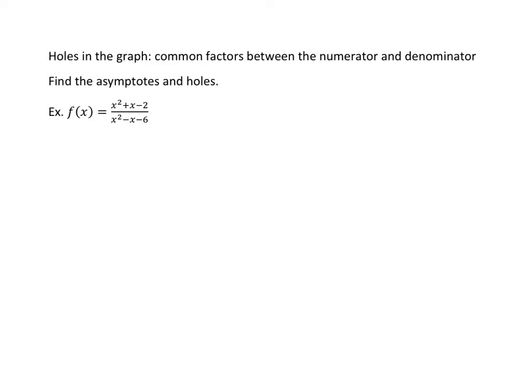You find holes in the graph when you have common factors between your numerator and denominator. So right here we're going to find asymptotes and holes. First I need this in factored form so I can figure out if it does have any common factors. x minus 1, x plus 2.